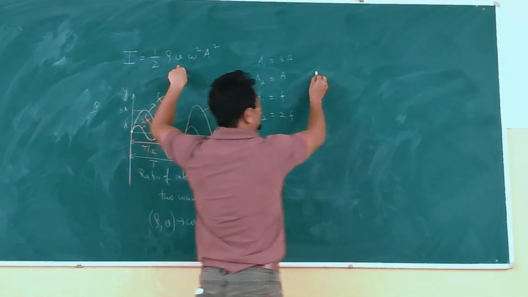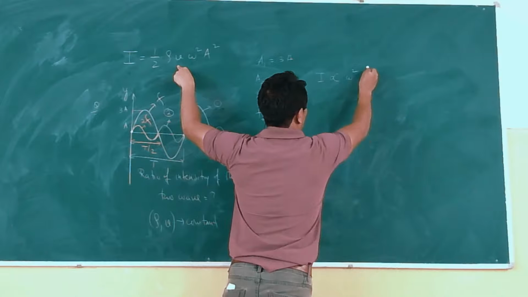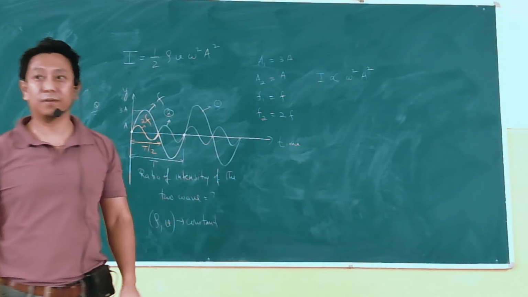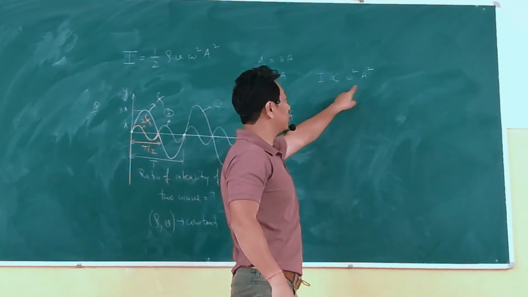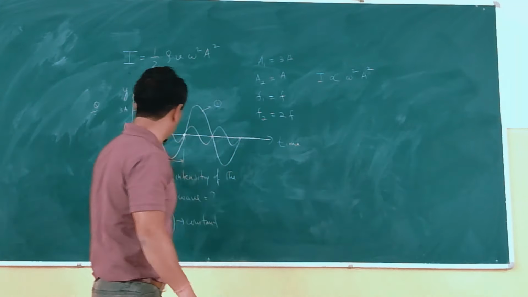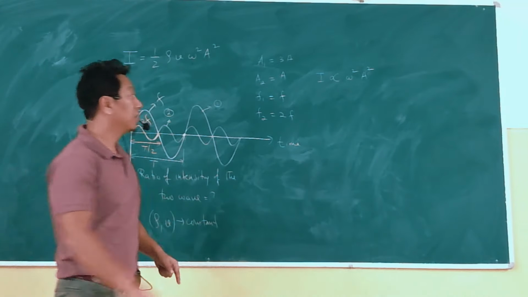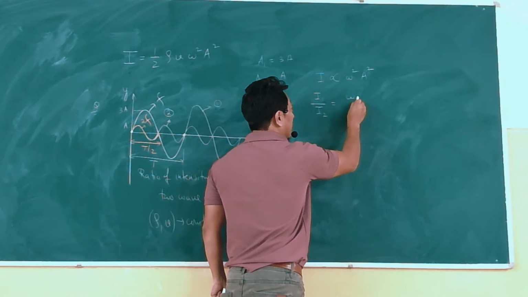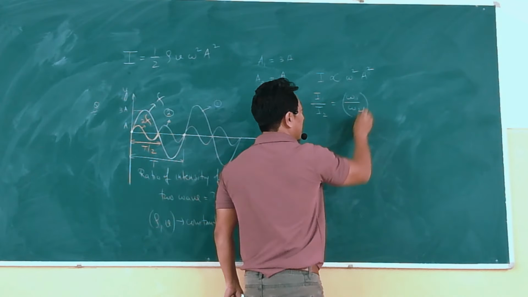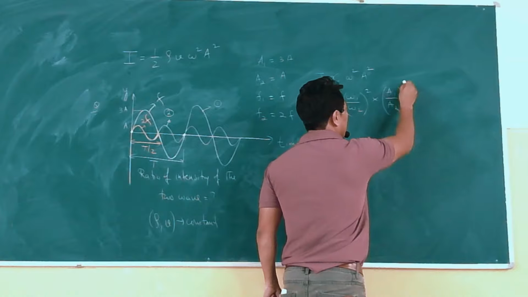So intensity will be proportional to omega square A square. Don't only write intensity is proportional to A square, because here frequency is also different. Understood? So what will be I1 by I2? Omega 1 by omega 2 whole square, A1 by A2 whole square.